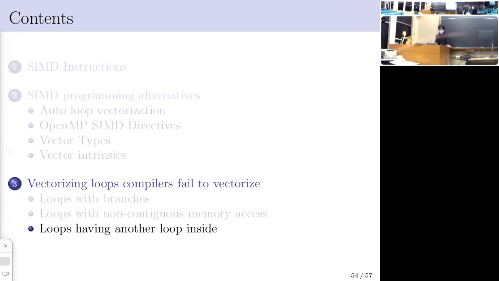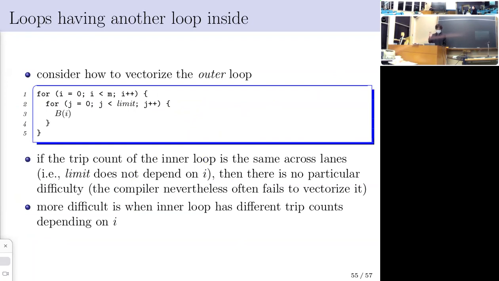And the other situation you often encounter when you are vectorizing using only a high-level method, and compilers fail to vectorize, is loops having another loop inside. This is usually called outer loop vectorization.